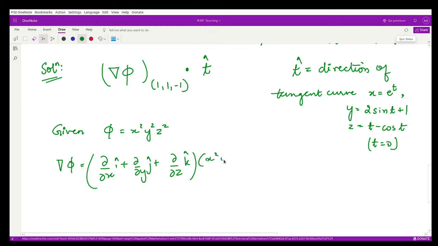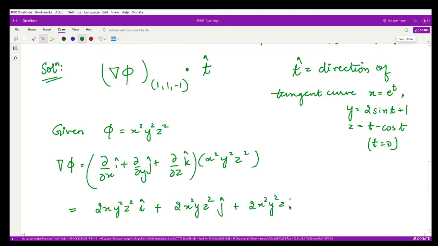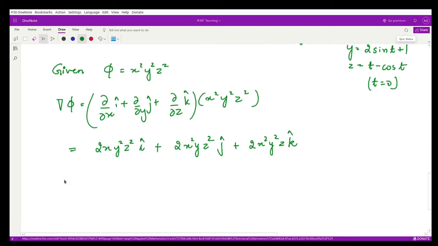Taking the partial derivatives of x square y square z square, it would be 2x y square z square i cap plus 2x square y z square j cap plus 2x square y square z k cap. This is your gradient, and we have to compute it at the given point (1, 1, -1).